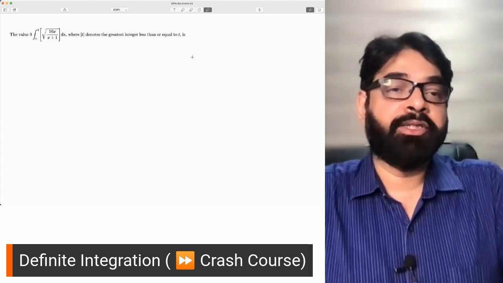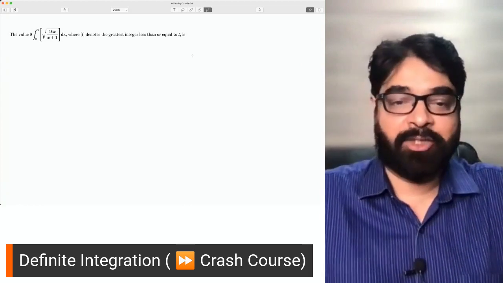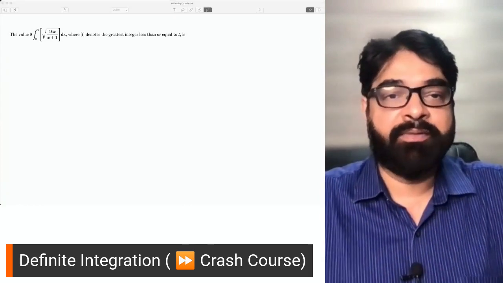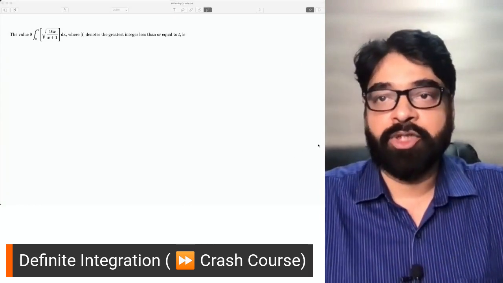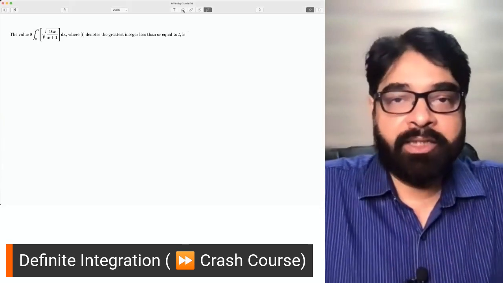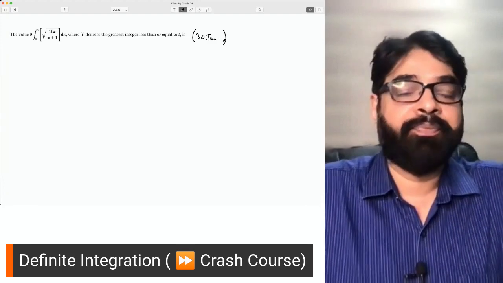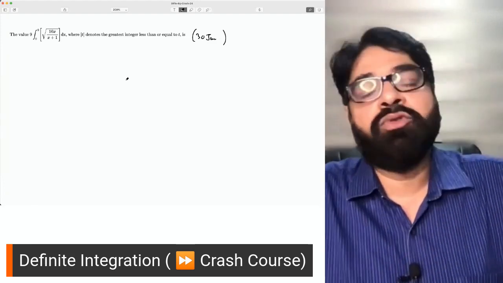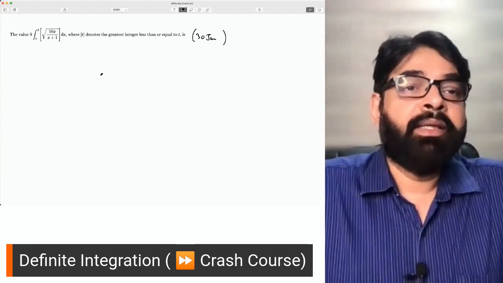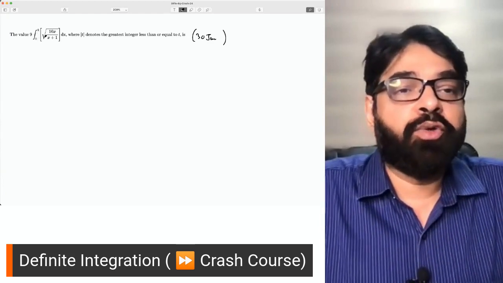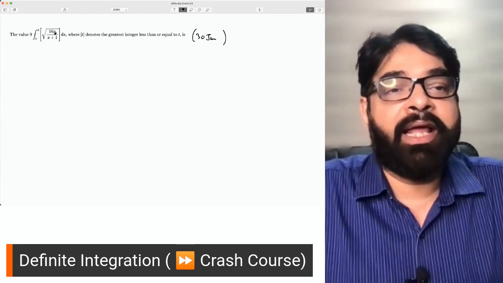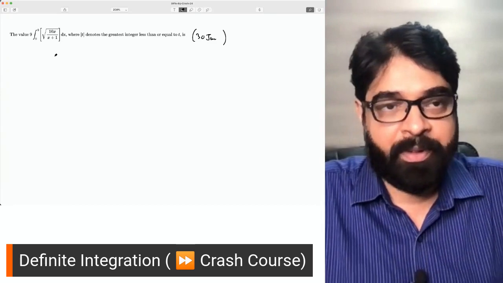This is from 30th January, shift 1 or shift 2, I don't know, but it is sure that it is 30th January. This question was asked. See how simple the question is. They're asking 9 times the integral from 0 to 9 of the greatest integer of root of 10x by x plus 1.